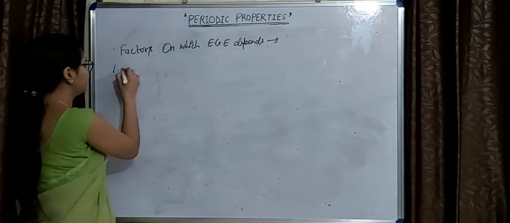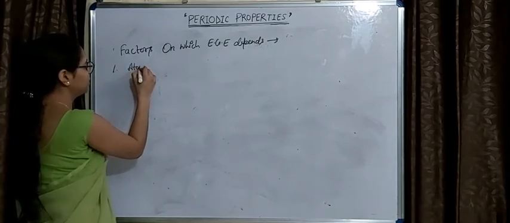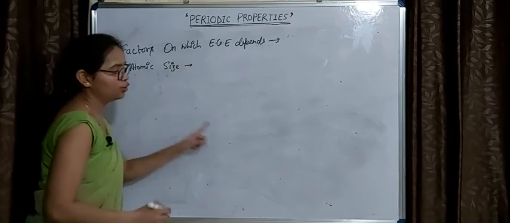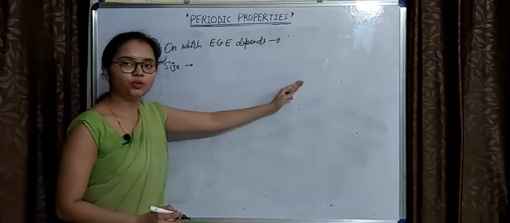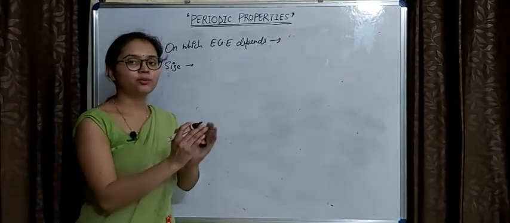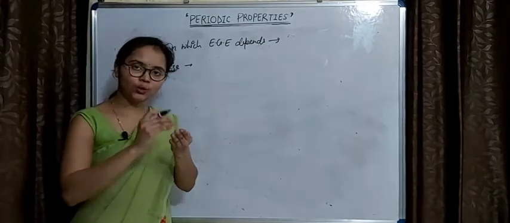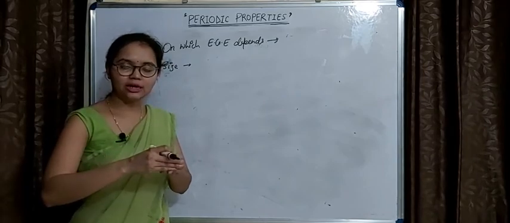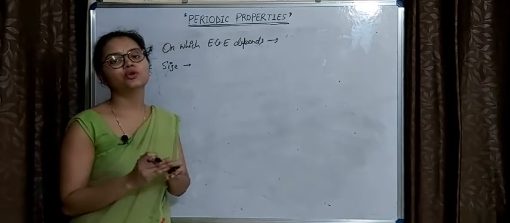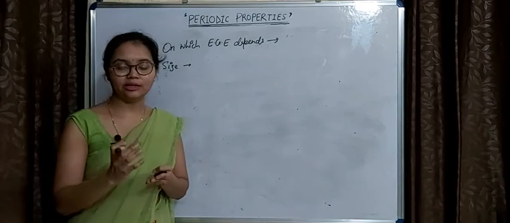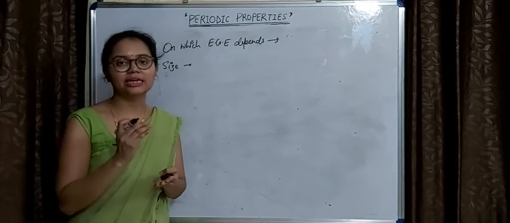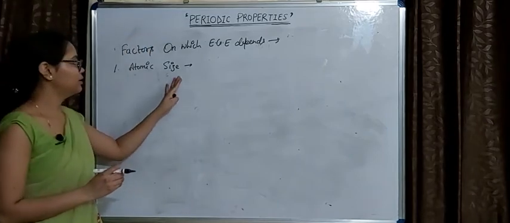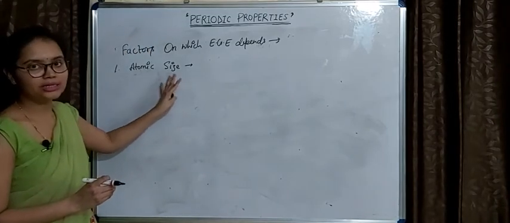The first factor is atomic size. As I told you in groups, when we move in a group from up to down, size increases. Because of the increase in size, the nuclear attraction on the outermost shell will decrease, and because of this decrease, we will get a less negative value of electron gain enthalpy. So this is the factor, atomic size.